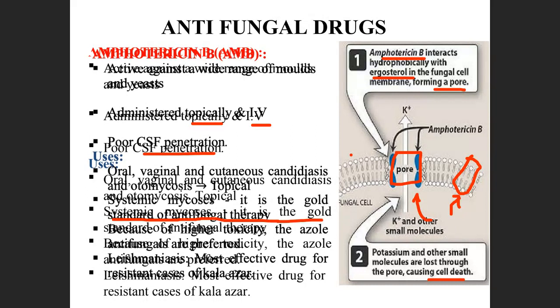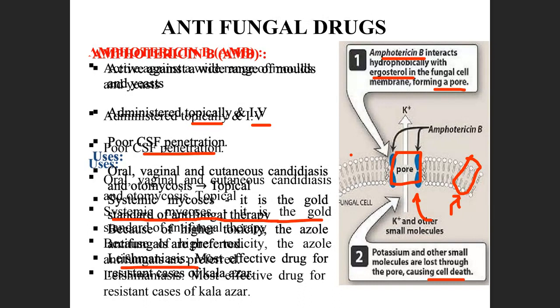Now the polyene category of antifungal drugs, including Amphotericin B, was later replaced by the azoles. However, it is effective in cases of leishmaniasis and in resistant cases of Kala Azar.